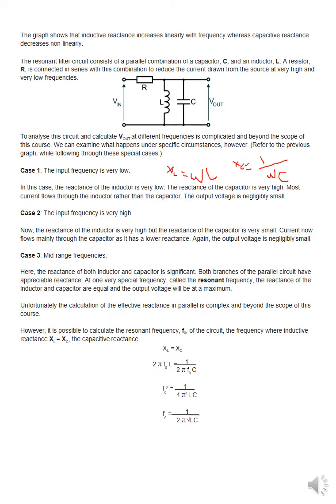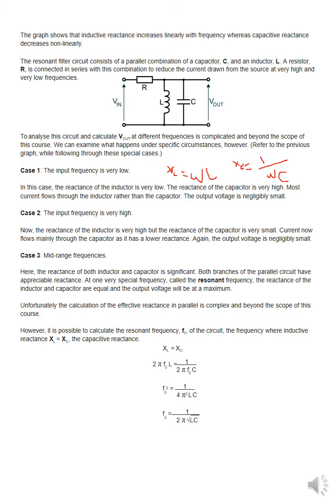The inductor is allowing the current to flow, so it will try to keep the voltage high. But the rule of the parallel combination is that the voltage must be the same. So whatever the voltage across the capacitance is, that will be the voltage across both of them. Most of the current flows through the inductor rather than the capacitor, and the output voltage is negligibly small.